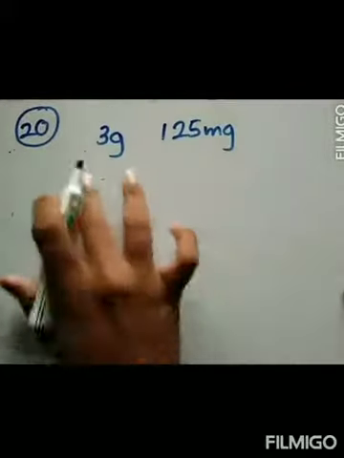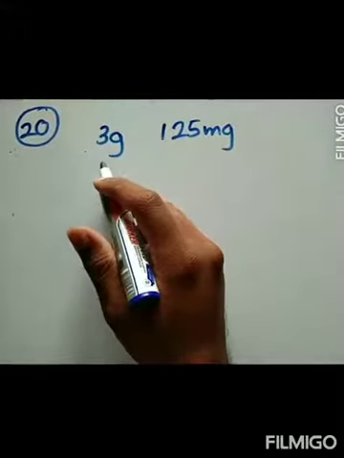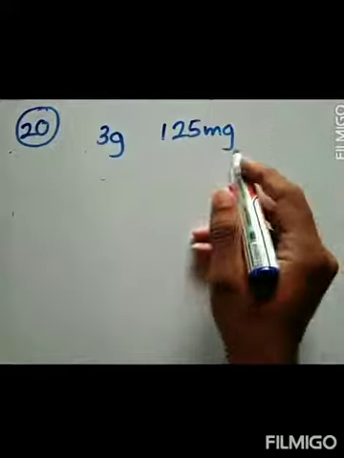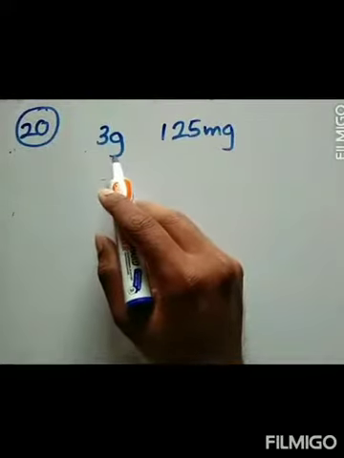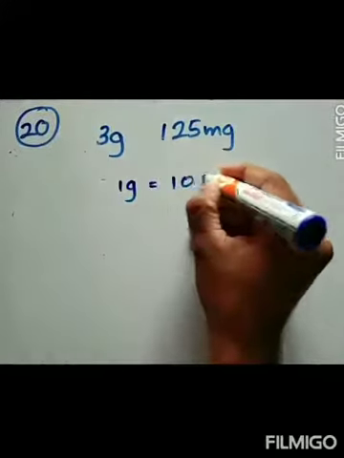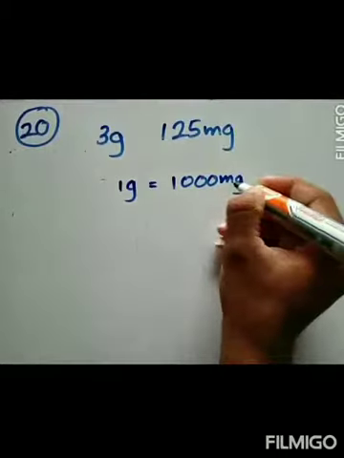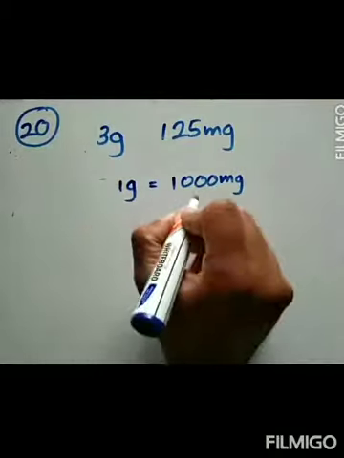Of the first part, that means the 20th question. They have given express in milligrams, 3 grams and 125 milligrams. So you have to convert this 3 grams into milligrams. You know that 1 gram is equal to 1000 milligrams. Then to convert a given number of grams to milligrams, you have to multiply it by 1000.